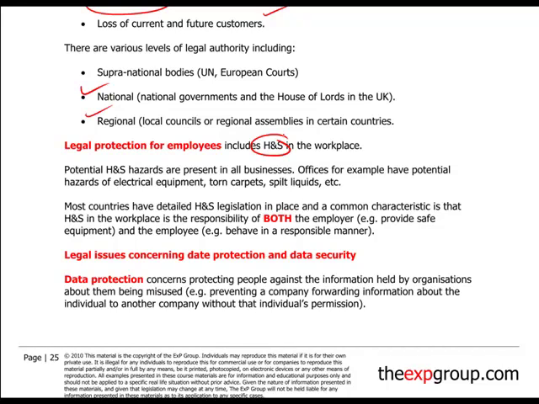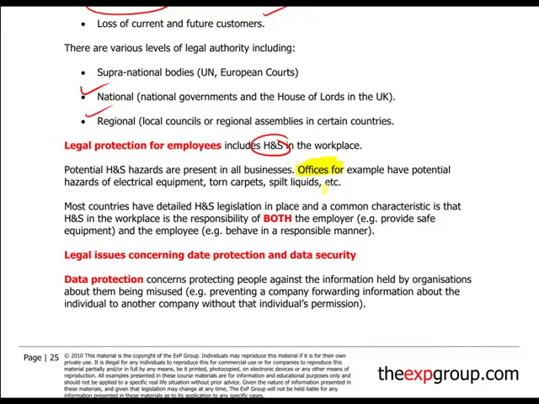But actually, there are potential health and safety hazards in all businesses. The example we're showing here is offices. People would think an office isn't as dangerous as a mine. That may well be the case, but they still have their own hazards: electrical equipment, torn carpets, spilt liquids.